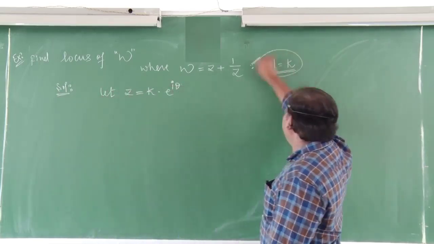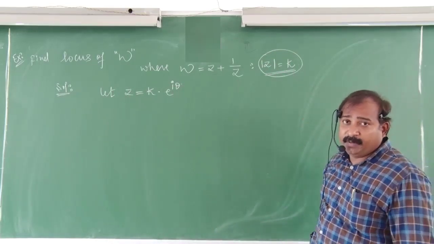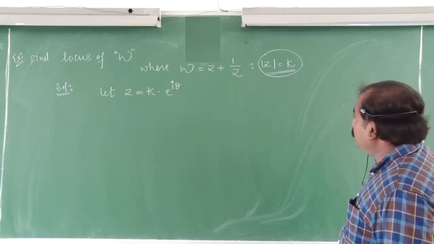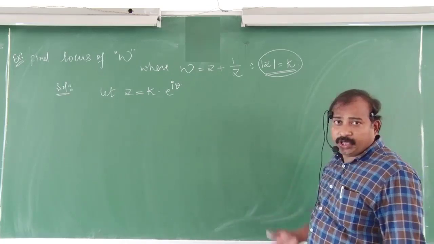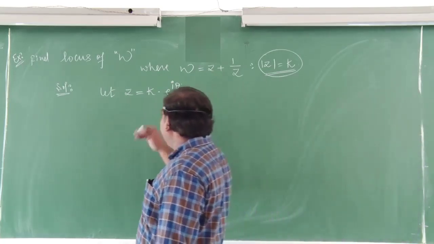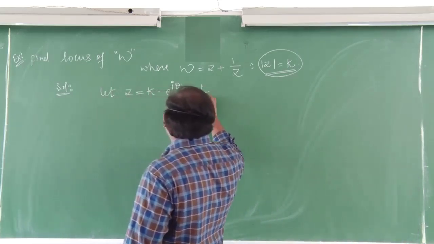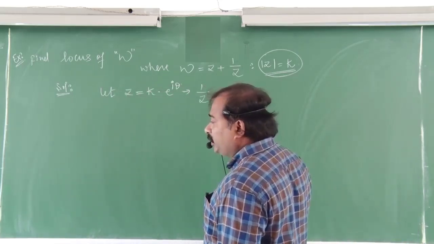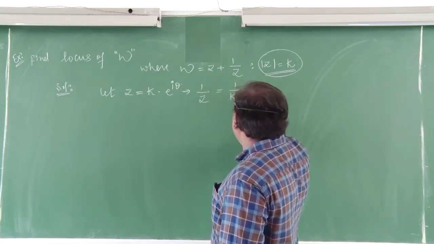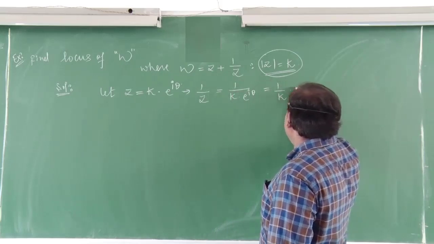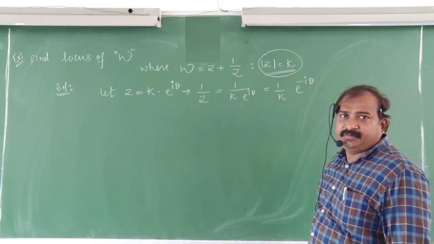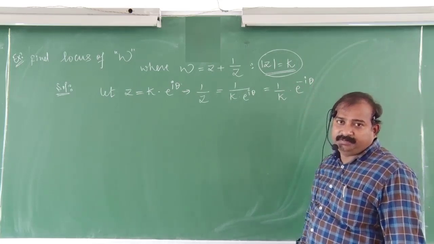Modulus Z is already in the given data. So mod Z is equal to K. Then what is the value of 1 by Z? It is 1 by K into e power i theta, which is 1 by K into e power minus i theta, according to De Moivre's theorem.